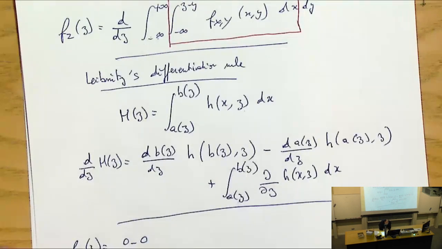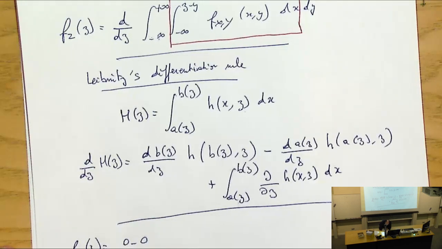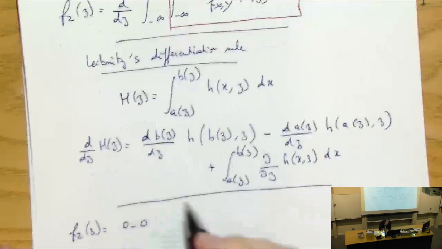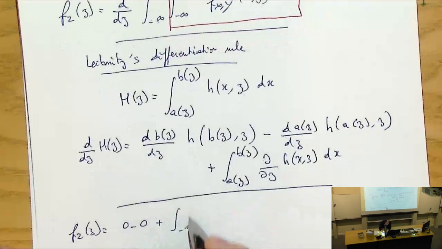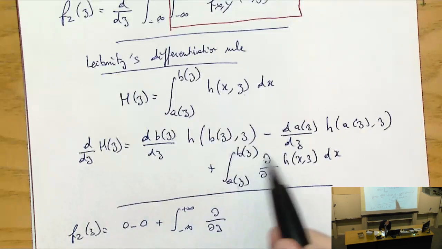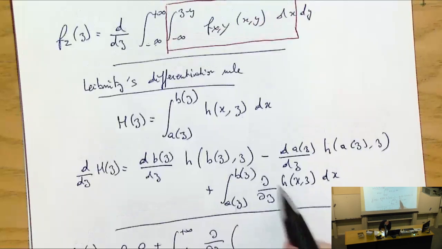Then what we have left is essentially bringing this derivative inside that integral. So I have plus the integral between minus infinity and plus infinity of the derivative of this. And what is our h here?